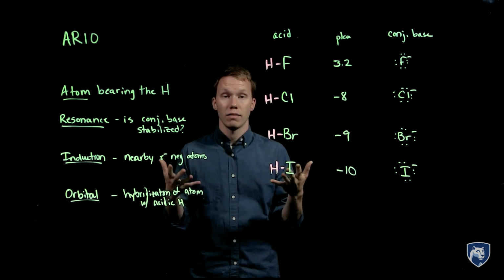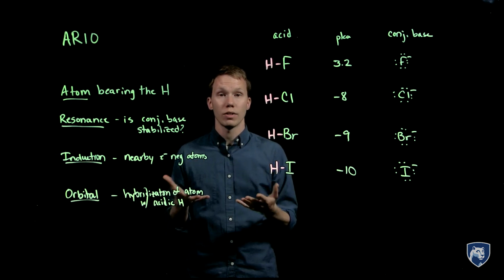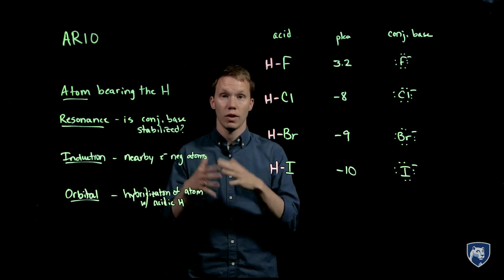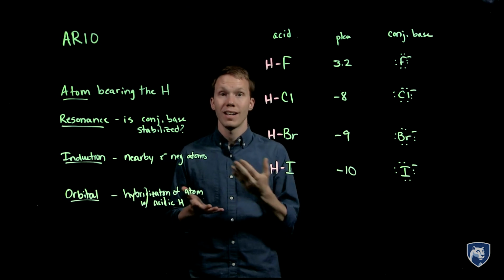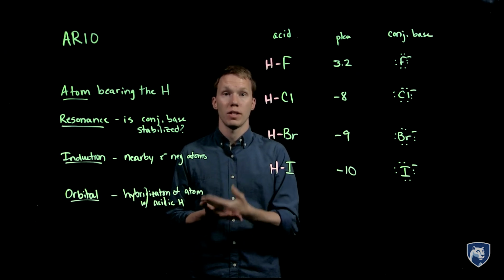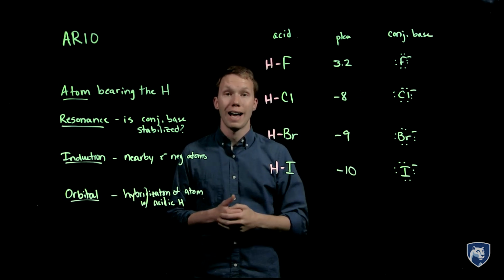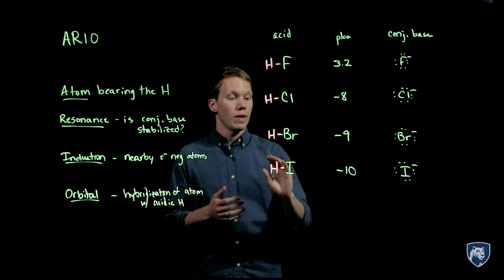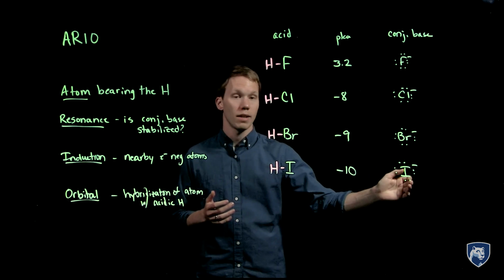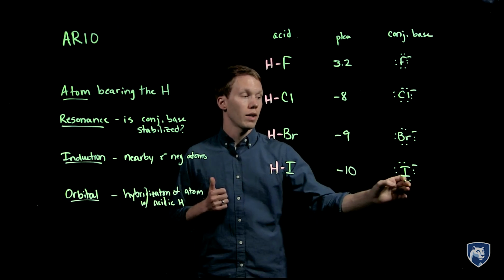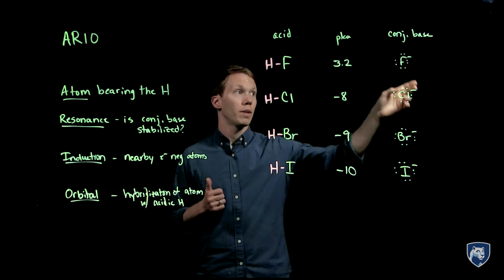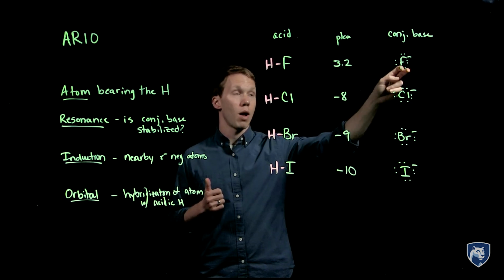So that charge is spread out over a larger surface area, over a larger volume of that atom. And so yes, size does contribute to the stability of ions in the same group. Okay, so HI is the strongest acid because I minus is the most stable because it's the largest atom. Okay, so strongest acid, largest atom, weakest acid, smallest atom.